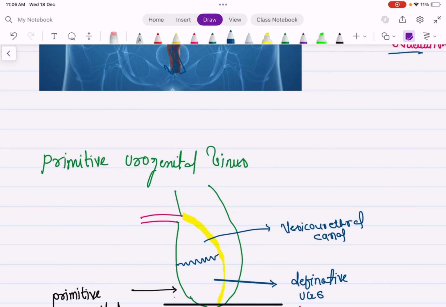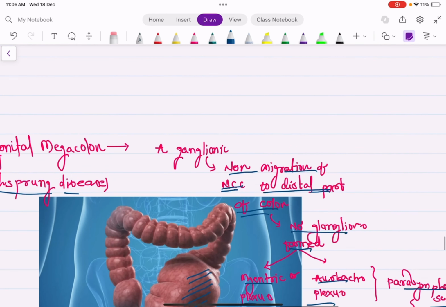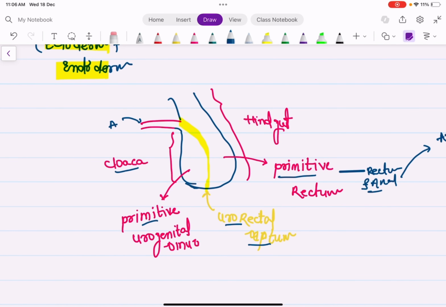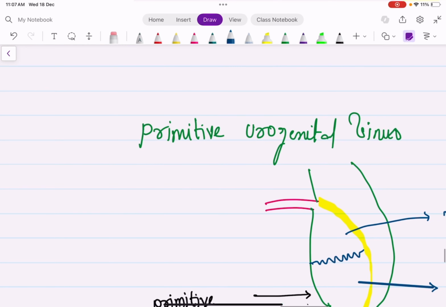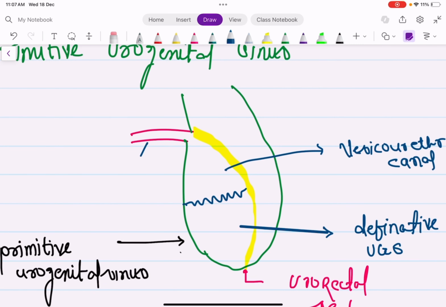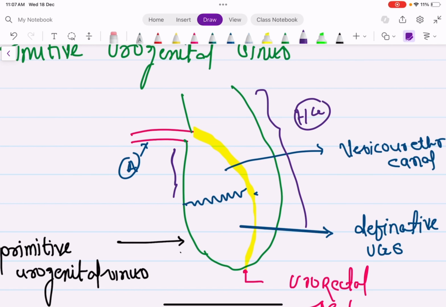Now, coming to the primitive urogenital sinus. What is the urogenital sinus? We know that the urorectal septum divides the cloaca into two: the primitive urogenital sinus and the primitive rectum. Let's discuss it here. This is a diagram. This is the allantois, this is the urorectal septum, this is the hindgut and this is the cloaca.